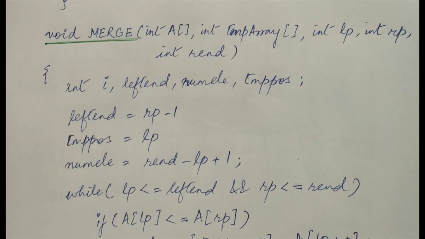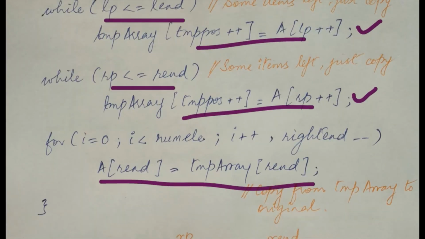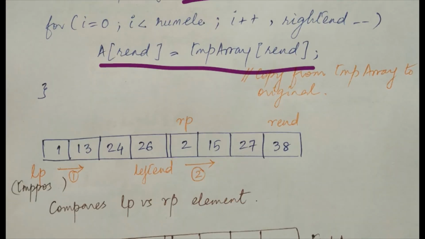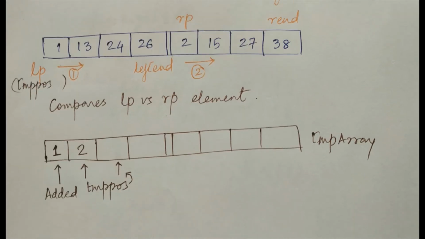We are passing a, and we are passing this temp array also, and then we copy it back to a so that we have the final answer in a. So if you see, I have put 38 again here, so we will go based on that.